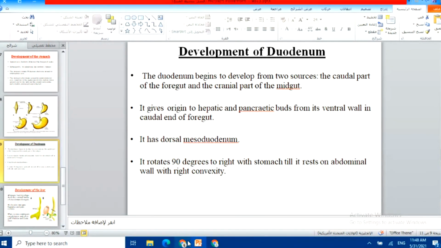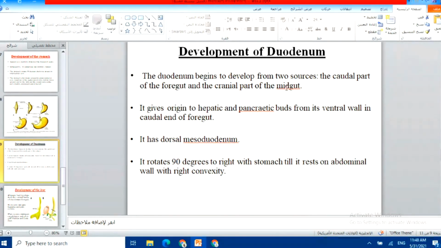Excellent. If I say endoderm, I won't say source. I will say which layer will form the jejunum, or what is the origin of the jejunum.